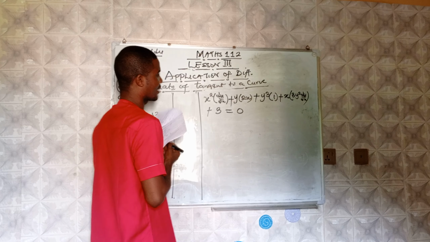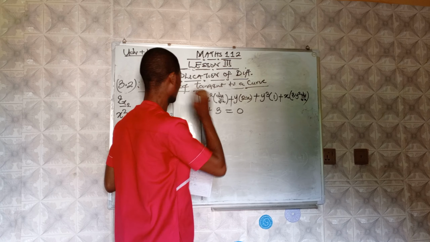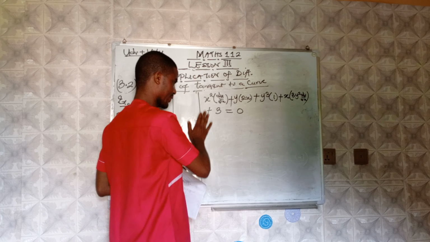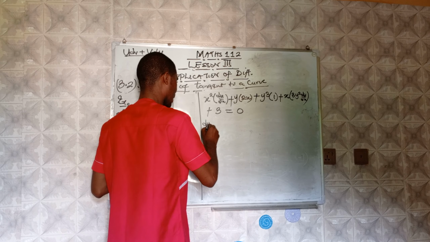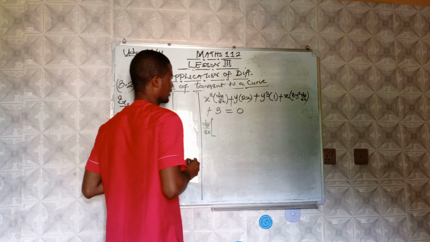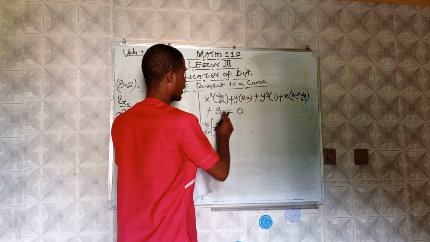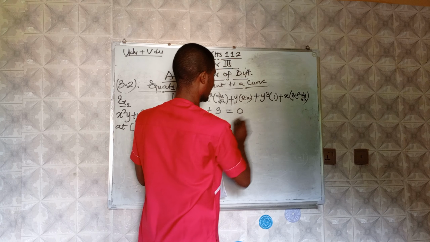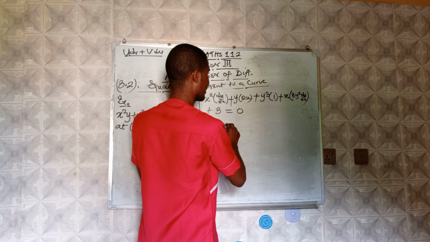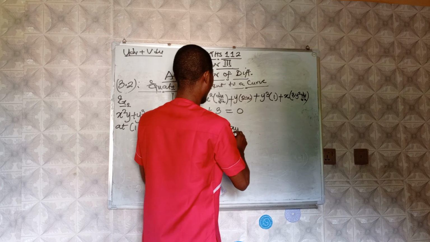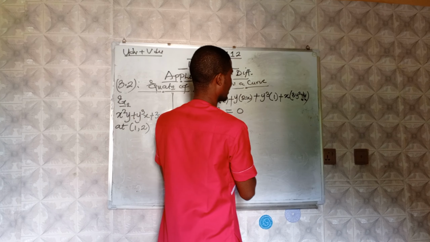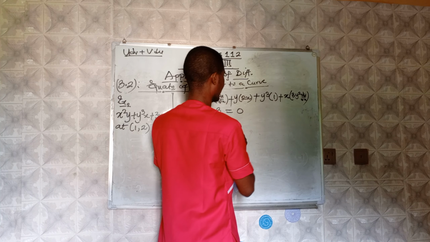Okay? The next thing I'm going to do is, if you are carrying the dy/dx, it remains. If you're not carrying the dy/dx, go to the other side. So I have factored out the dy/dx. I have here x squared plus 3xy squared.